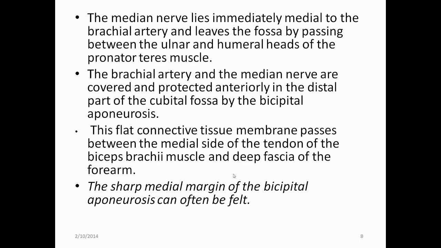This flat connective tissue membrane passes between the medial side of the tendon of the biceps brachii muscle and the fascia of the forearm. The sharp medial margin of the bicipital aponeurosis can often be felt.